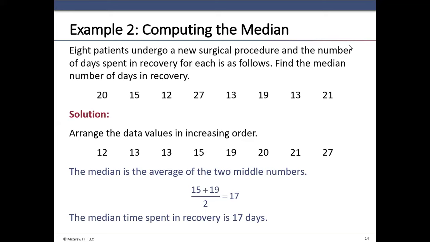Now we are ready to enter the data in the order they have come in the problem. So how do I do that? I press the stat button, which is in the second row of the TI-84, then number 1, and I type in the numbers 20, 15, 12, 27, 13, 19, 13, and then 21.